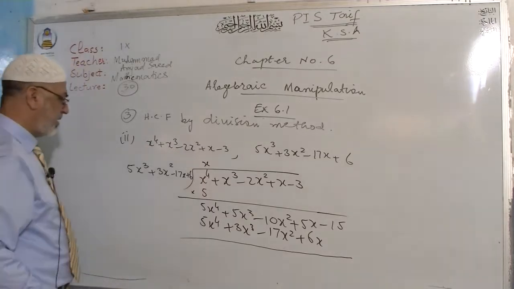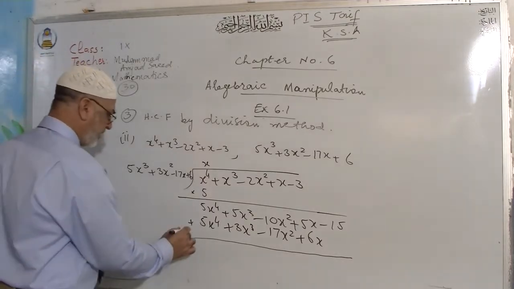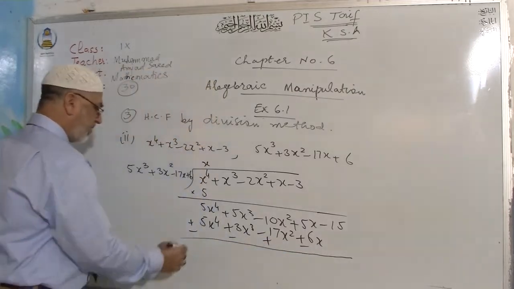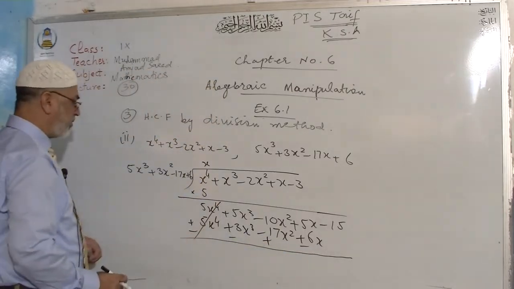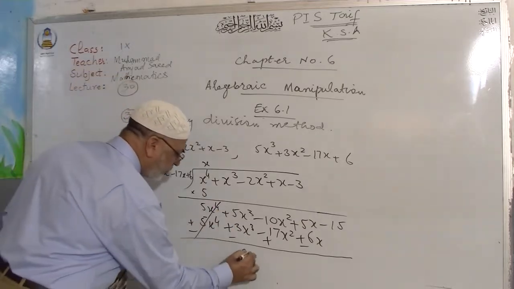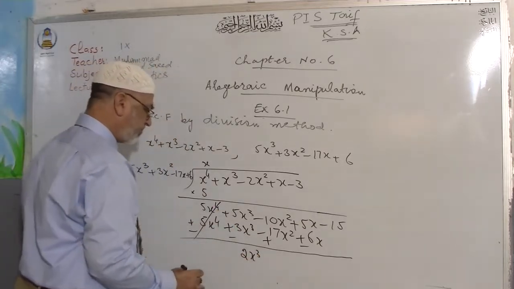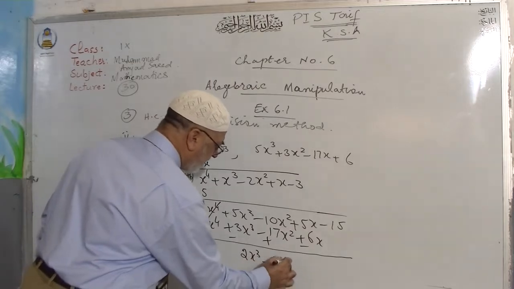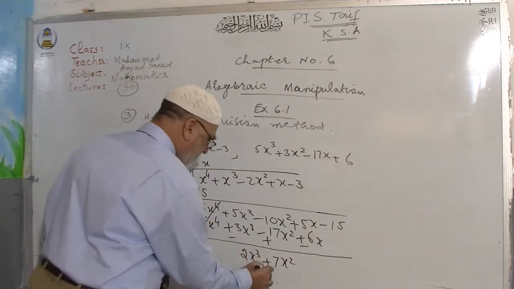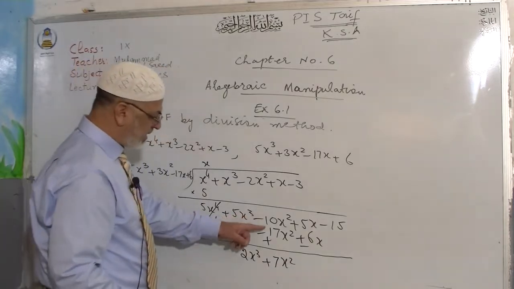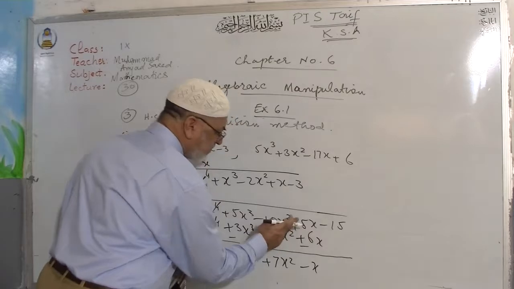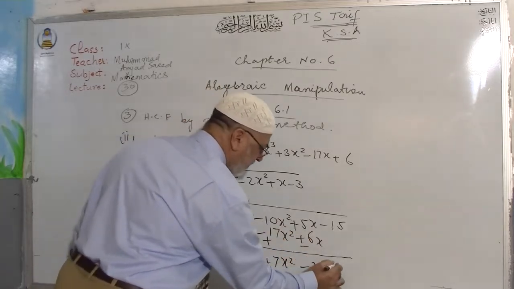Dear students, change the sign. Minus, here is minus, this will be plus and minus. 5x^4 plus and minus cancel out and we are left with 5 minus 3, that is 2x^3, and minus 10 plus 17, that is plus 7x^2. Then minus x, plus 5x minus 6x is minus x, and minus 15.